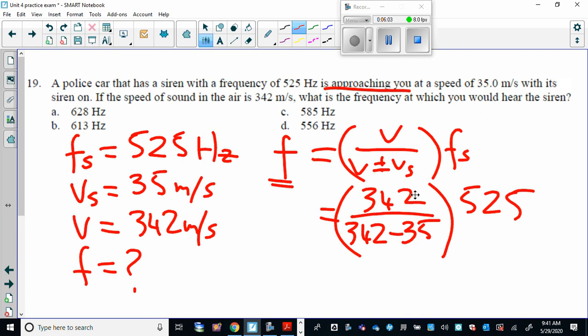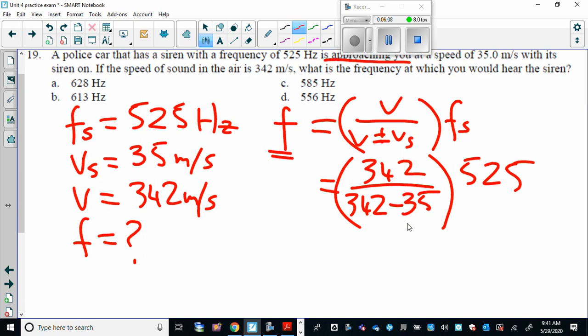So there are lots of ways you can intuitively figure out if you're doing this correctly or not. Stick in all those numbers, and you end up getting an answer of 585 hertz.